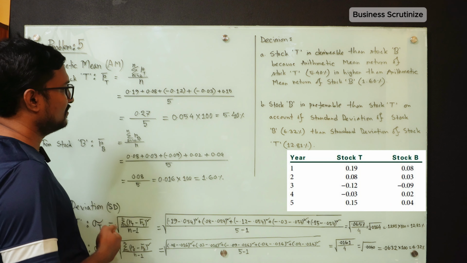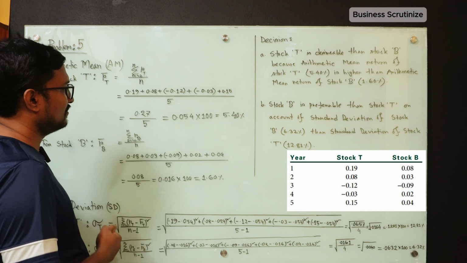For the first year, stock B is 0.08, the second year 0.03, the third year minus 0.09, the fourth year 0.02, and the fifth year 0.04. All the returns go in the numerator, and in the denominator n equals 5, a total of 5 years, so we write 5.